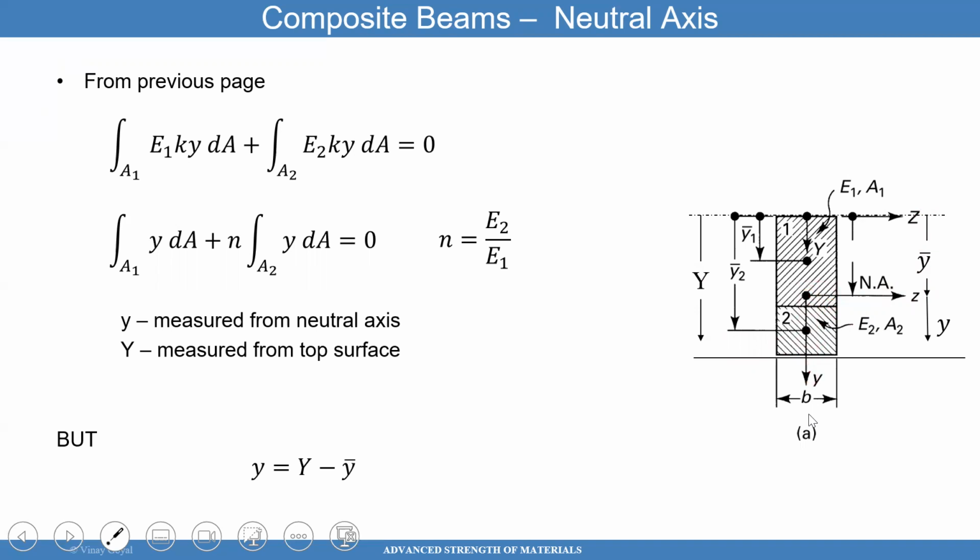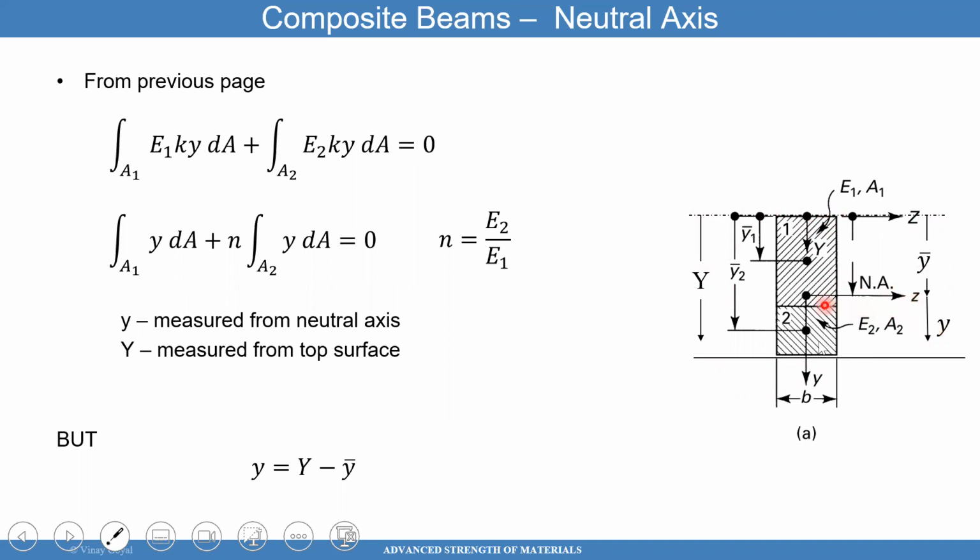So it looks confusing because there are a lot of different y's, but let me break it up again. Y1 bar is the centroid of this part. Y2 bar is the centroid of this part. Y uppercase is measured from the top surface down. And then Y bar is measured from the top surface to the centroid of the whole cross section.